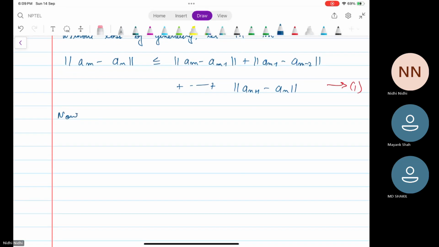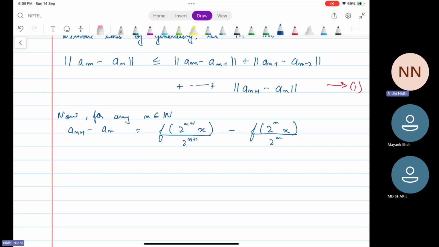Now, a_(n+1) minus a_n for any n is equal to f(2^(n+1) x) upon 2^(n+1) minus f(2^n x) upon 2^n. This is directly by the definition.